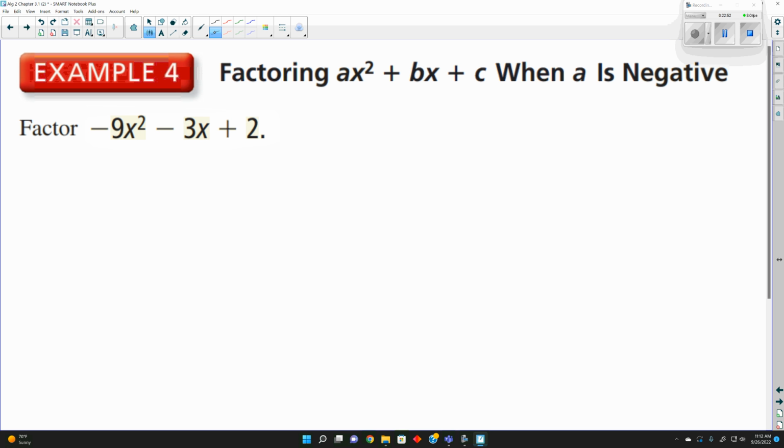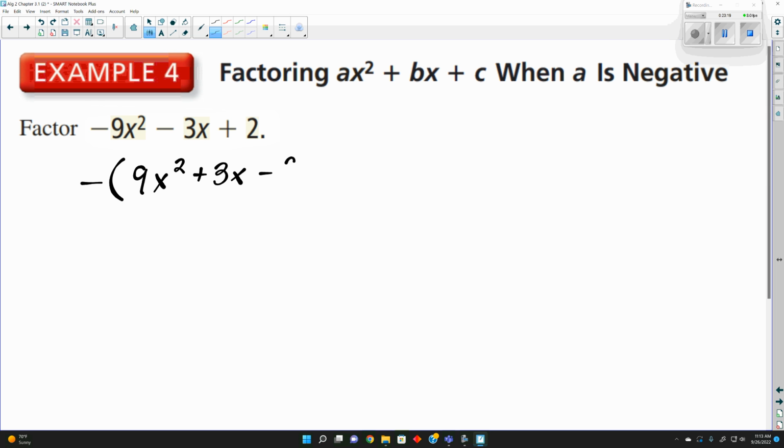Now looking at this here, is there a greatest common factor between these three terms? There's not a number that will go into 9, 3, and 2, but because the 9 is negative, the first term is negative, we can pull that negative out. Because factoring that negative out is going to make these easier to work with. What that'll give us is positive 9x squared. The negative 3x is going to become positive 3x.